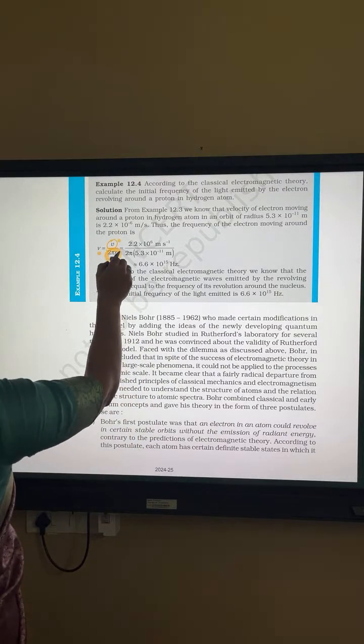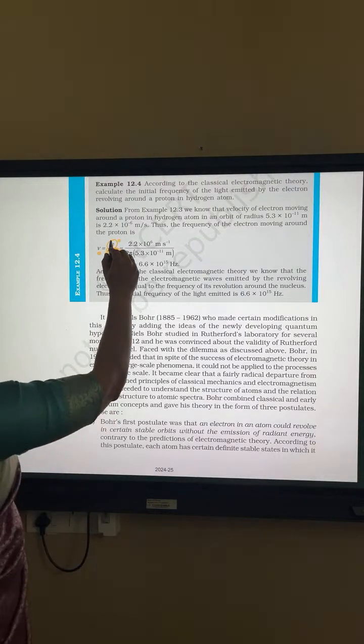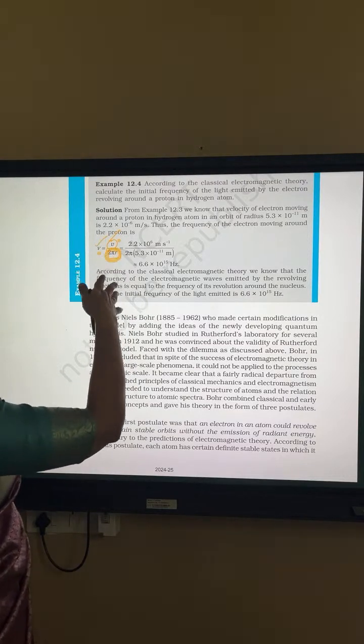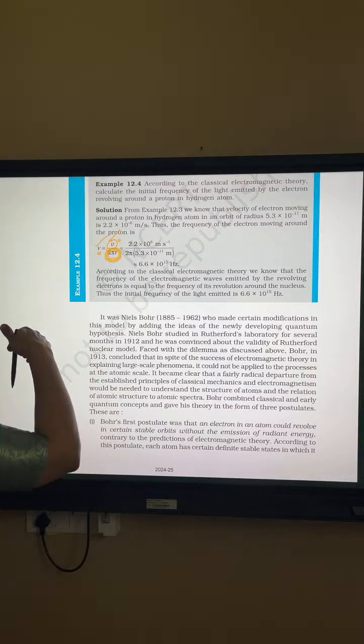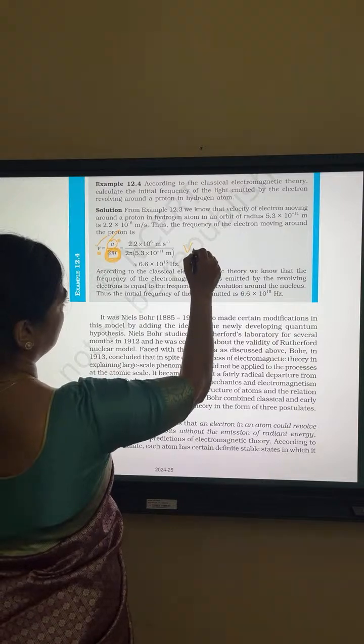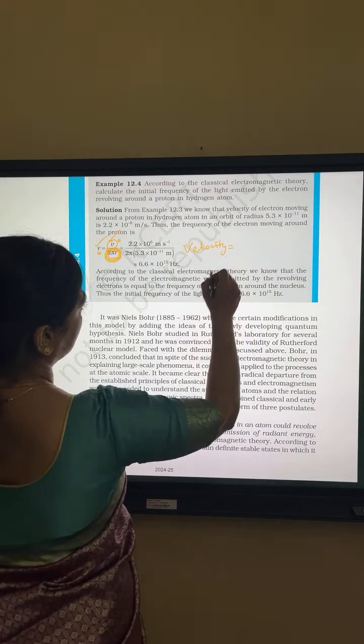What is this V, and this one? The frequency, ma'am. Frequency or velocity, what is the relation? Very easy relation. The velocity equals omega.